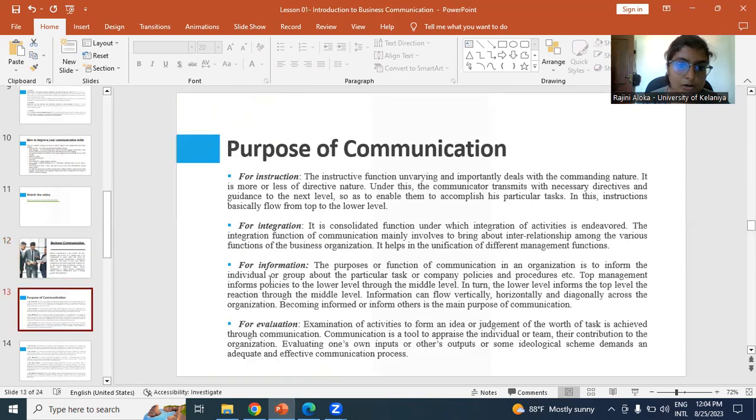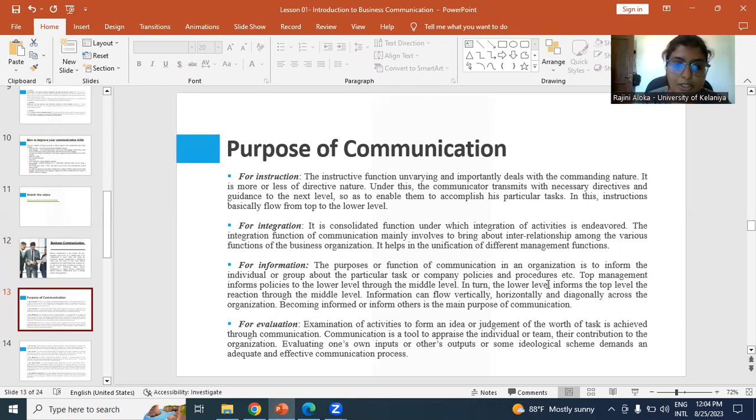So, moving on. Purpose of communication in a business setting. For instruction: the instructive function is unvarying and importantly deals with the commanding nature. It is more or less of a directive nature. Under this, the communicator transmits the necessary directives and guidance to the next level so as to enable them to accomplish their particular task.